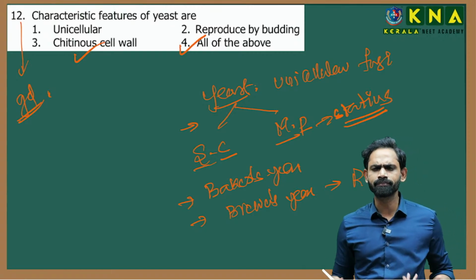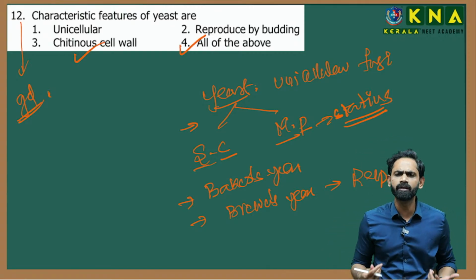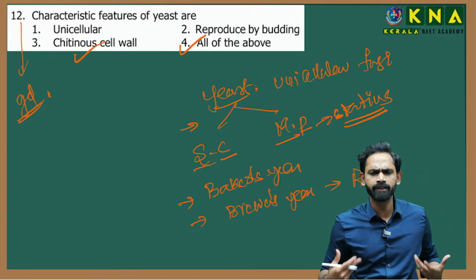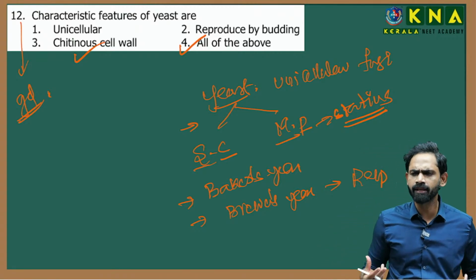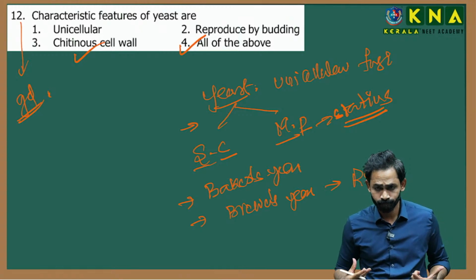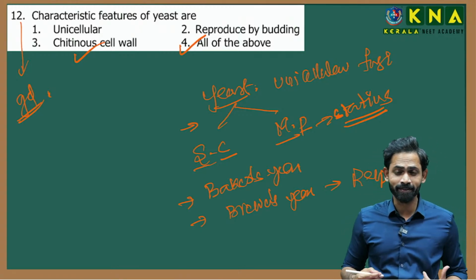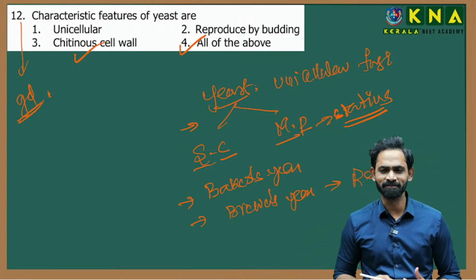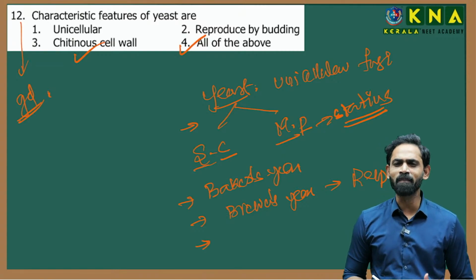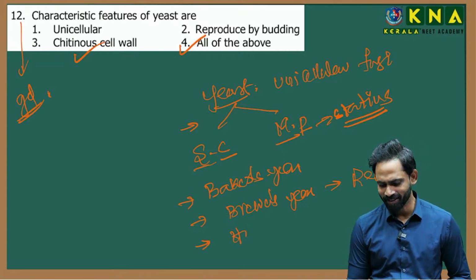Any other point related to yeast? Think. Human health and disease, vaccination. The first recombinant vaccine, hepatitis B vaccine, is produced from a host that is also yeast.